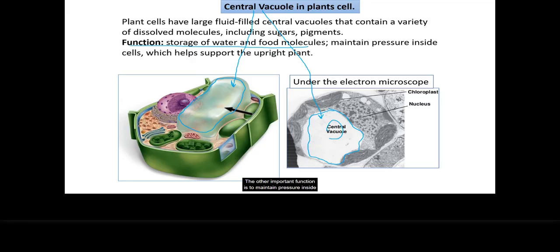The other important function is to maintain pressure inside each cell in the plant, and because of this pressure, it helps plants to stay upright. So usually plants stand like this, with their leaves.